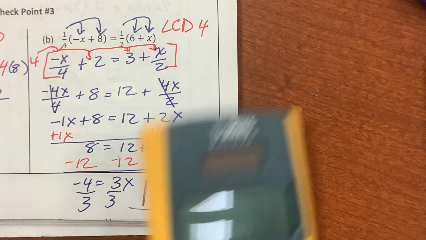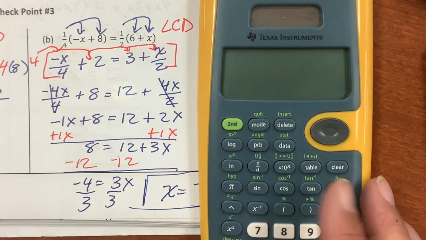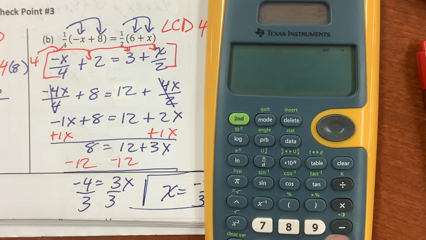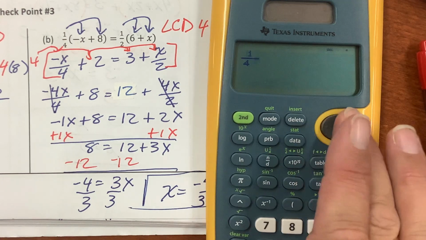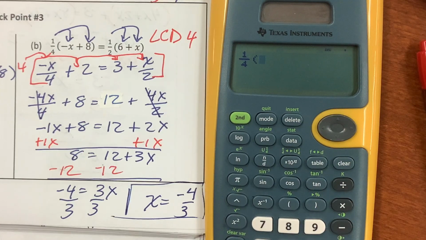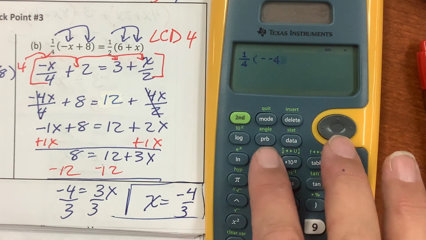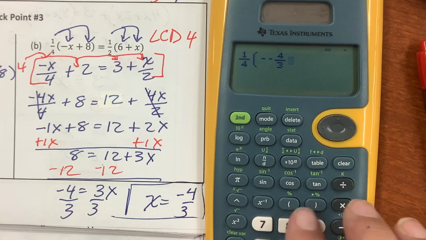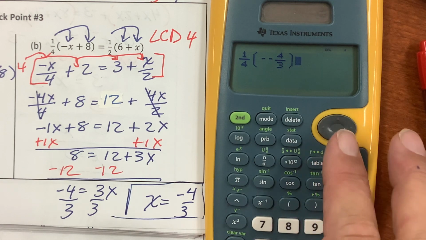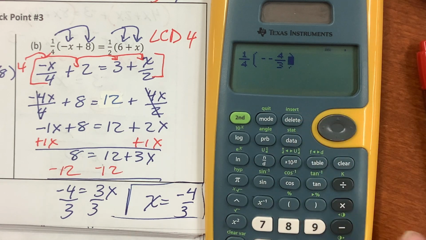So there's going to be a lot of checking here. Clear all that. 1/4 parentheses negative 4/3. Oh, no, don't close that parenthesis.